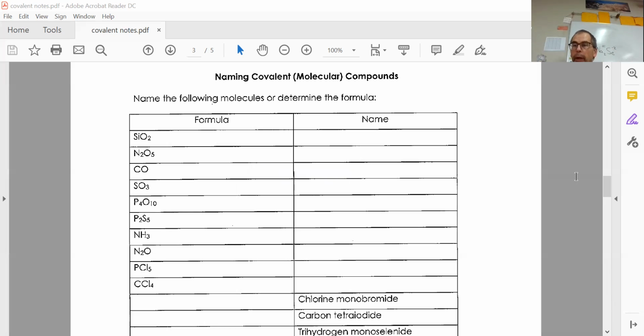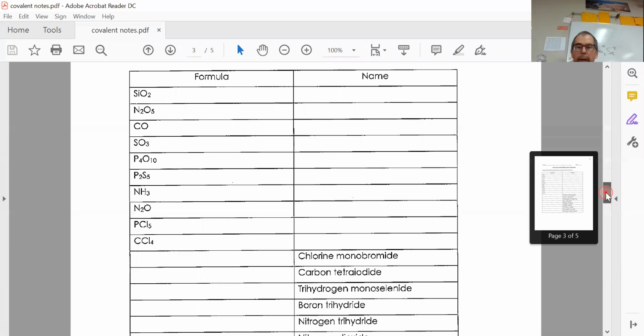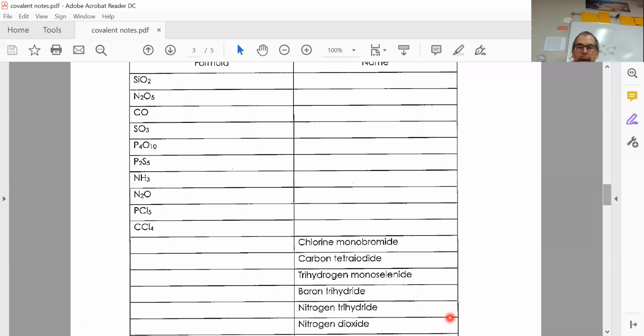So let's go to one more thing here, and I'm going to go down here to this one, and I'm going to do nitrogen trihydride. Now, there's a common name for this, which is ammonia, but it's going to be nitrogen. I'm going to do a little draw function here.